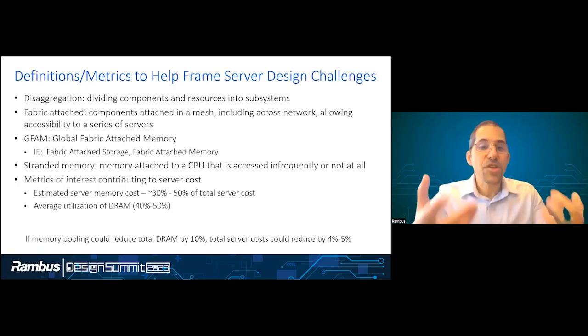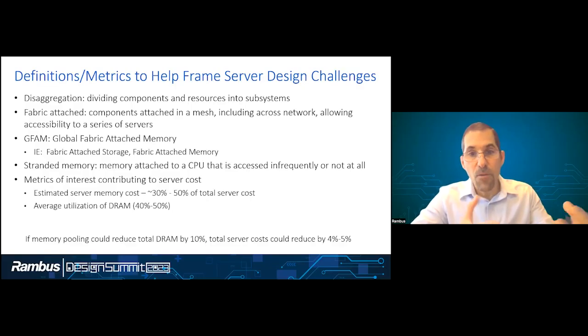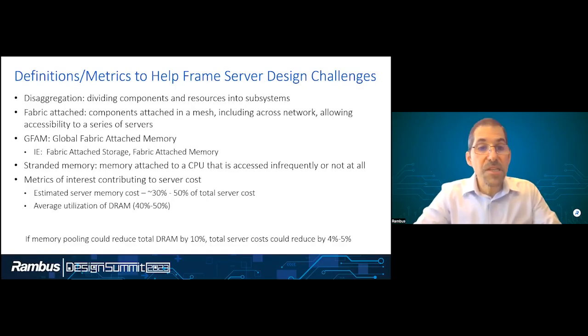But the average case is what's looked at. More often than not, if you do a search on stranded memory and start reading articles, you'll see that up to 40 to 50% of the DRAM that's directly attached to a server may not be accessed the majority of the time.